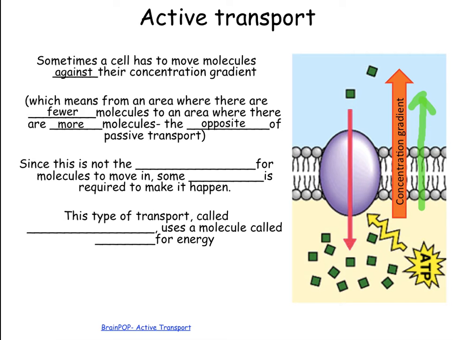However, let's say that these are important calcium ions, and your cell wants to acquire as many as possible to store and use later. In this case, the cell may want to take these solutes that are remaining outside the cell and move them in, which, as you can see, is against their concentration gradient.